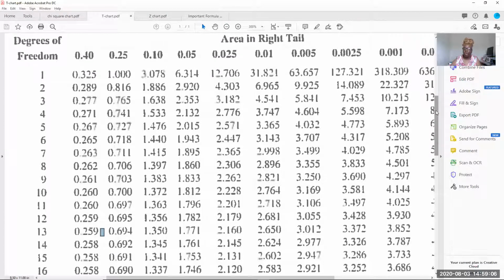And we're looking for 0.01. That was our significance. So 14, and go over, here's 14. And right there, 0.01, 1.345. Okay? Remember, this is right tail, 1.345. So let's go back.